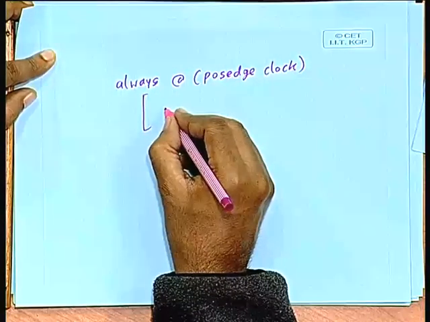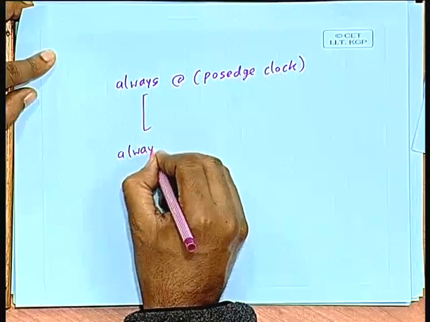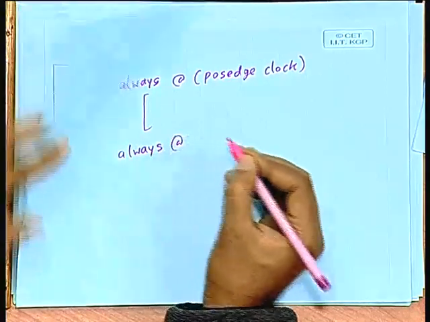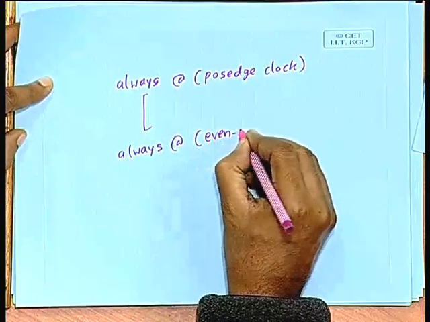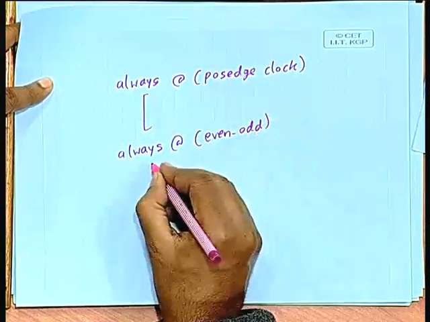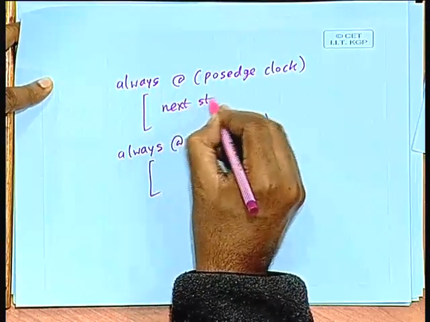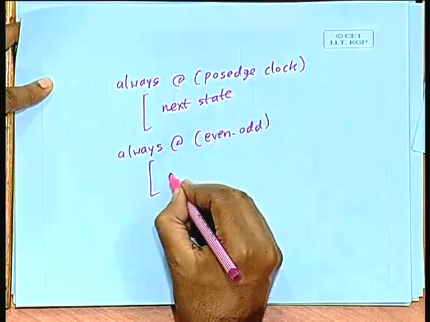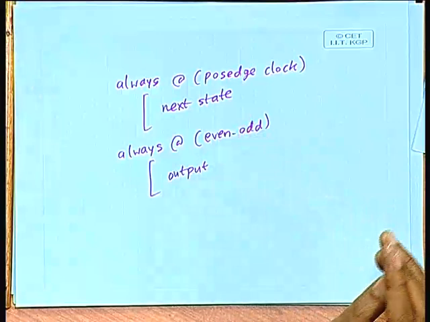So, here you will only be changing the state. There will be another always block, where you will be changing that only when the even-odd state changes. So, next state computation will be here and the output computation will be here. So, you can do the same thing.